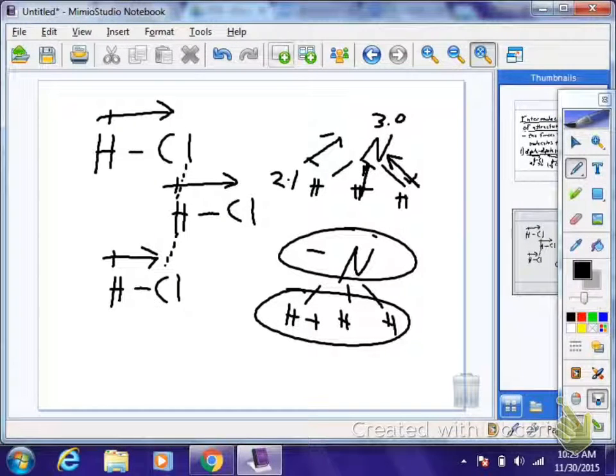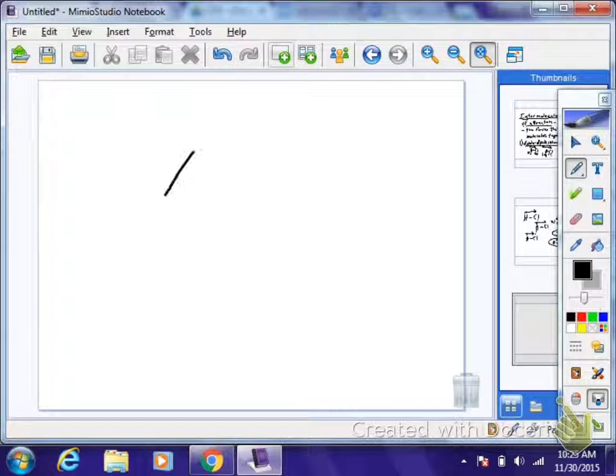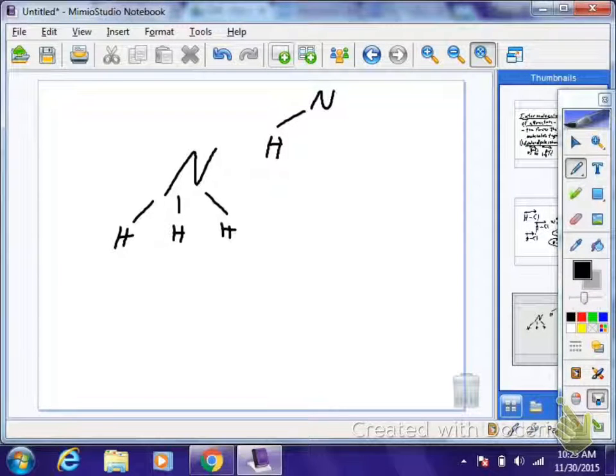So if we had to rewrite that and show how those attract, you don't have to show all of these. I just want to give you some information to be able to look at. There's going to be attraction here between the nitrogen and the hydrogen because they're opposite charged.